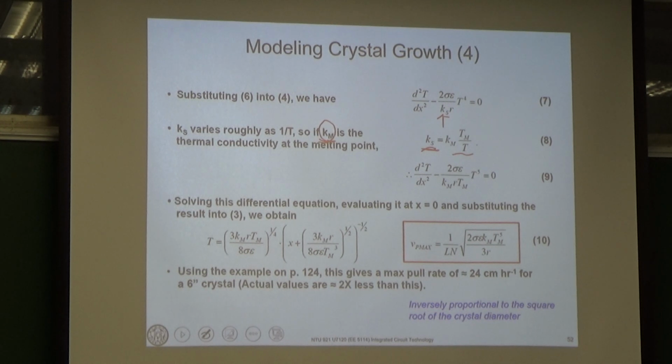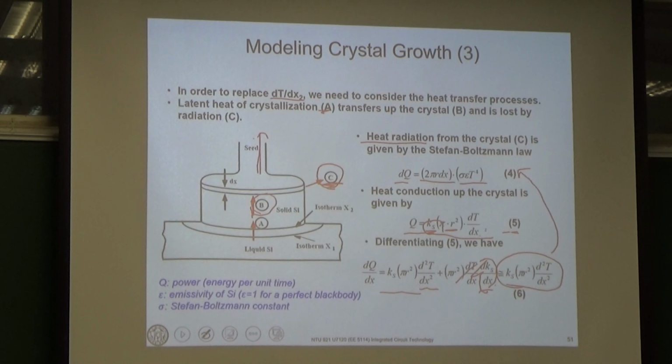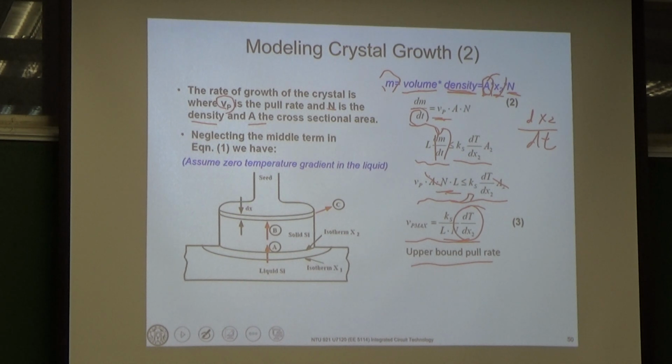So we plug this in, and we have this equation 9. By solving this differential equation, we can get the T at x equals to 0. So we can have dT/dx. And this dT/dx we can plug into the equation 3 here.